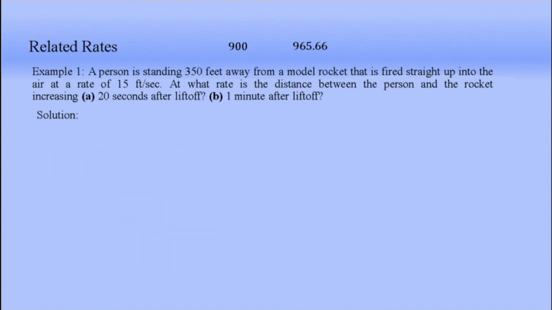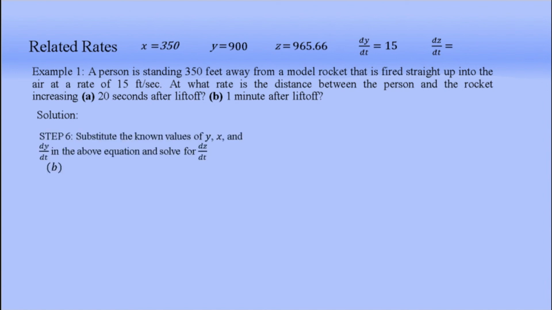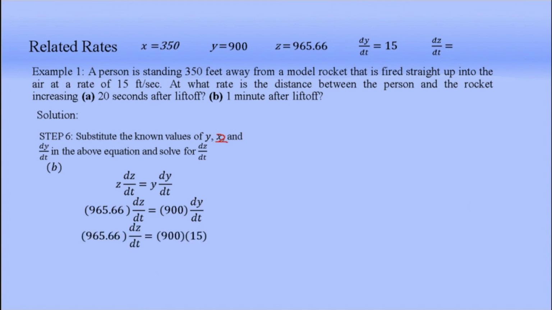And now we can substitute the value of y and z in this equation. So 965.66 times dz/dt equals 900 times dy/dt.